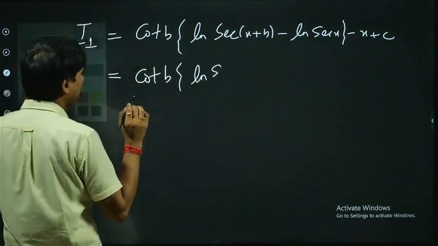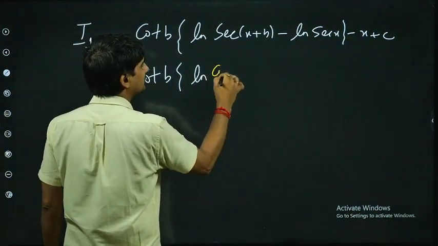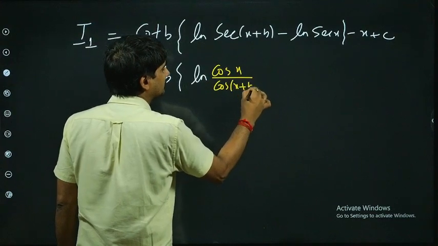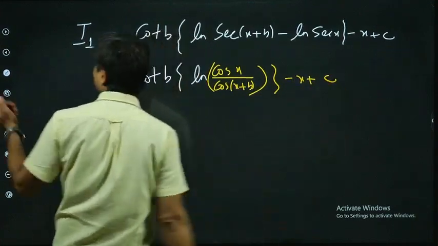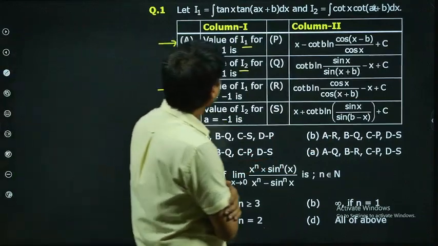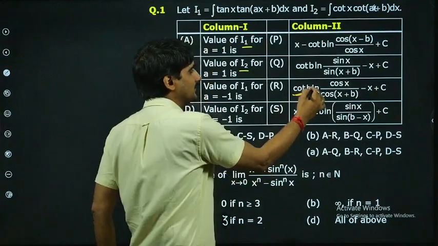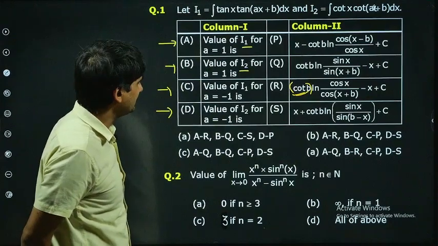So why not write it in terms of cos? In that case, the position will get reversed. So it will be cos x over cos of x plus b, minus x plus c. Now let's see, do we have an option? We should. So it's cot b ln of cos x upon cos of x plus b, that's the option. So a matches with r.